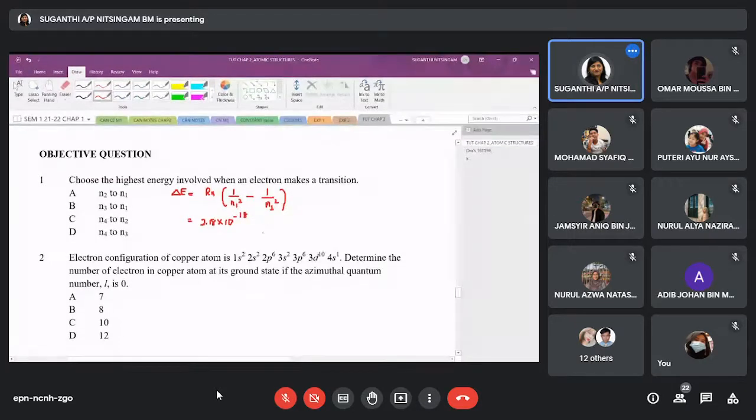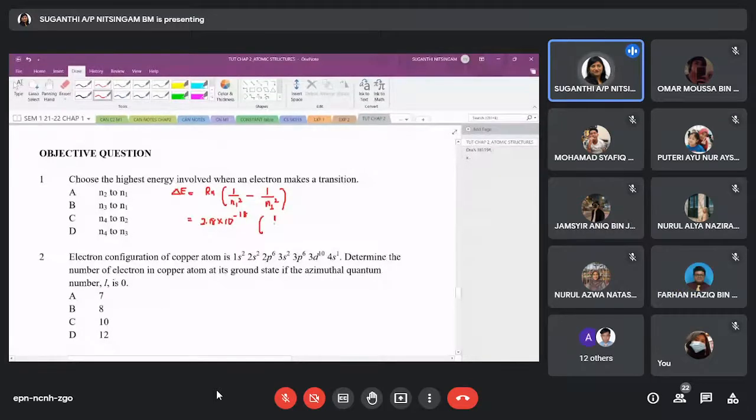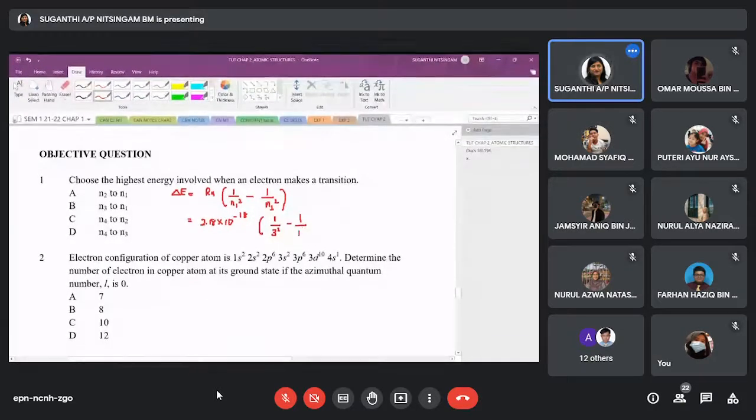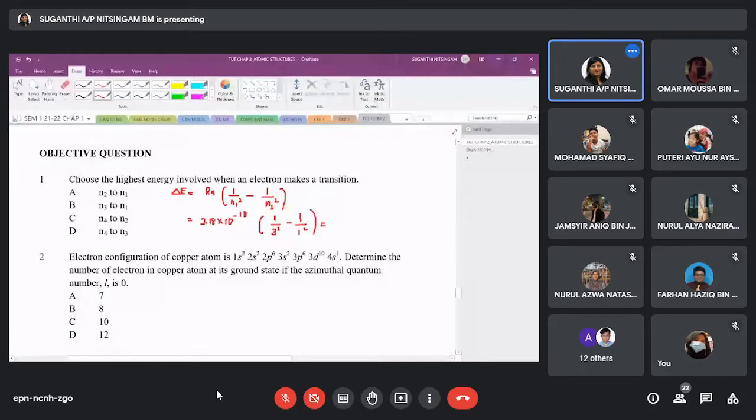So you said Shafiq, 3 to 2. Okay, please calculate this. What is the value? It will be negative because it is energy released. Yes, what's the answer?